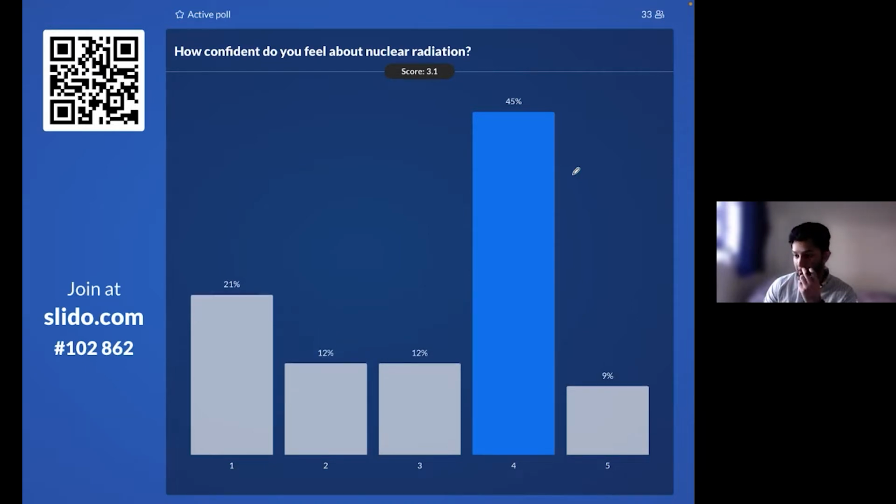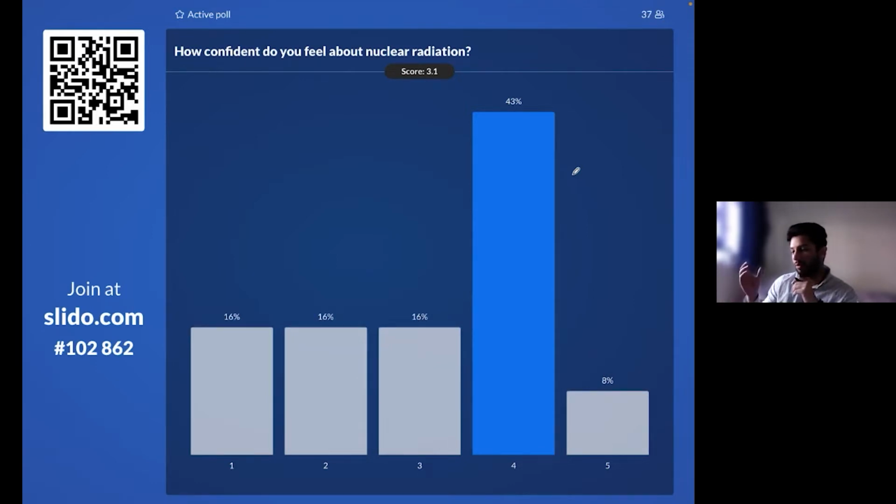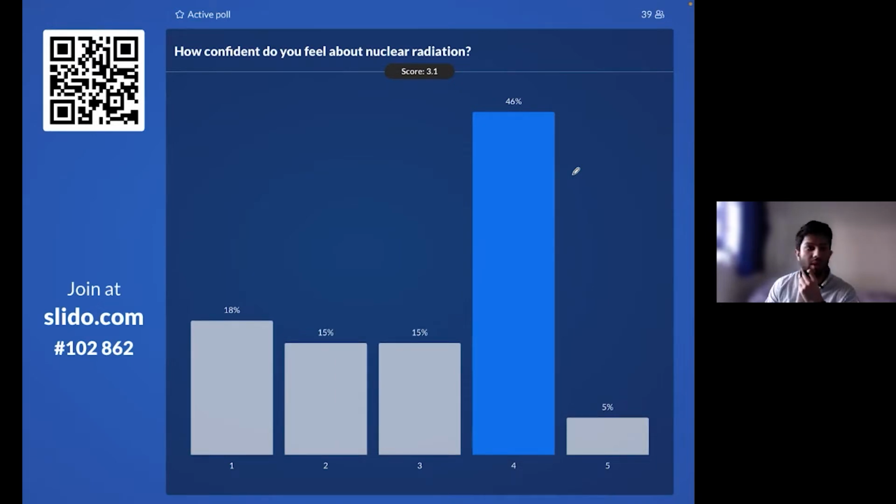Okay, so we've had 33 responses, and it seems like 4 out of 5 is the most common. And just to clarify, 5 out of 5 is the best one. So you're super confident, you're a nuclear radiation wizard, whereas 1 is the opposite, so you need more practice. I'll just wait for a few more responses, because this will guide how quickly I go through things and how much we spend on questions.